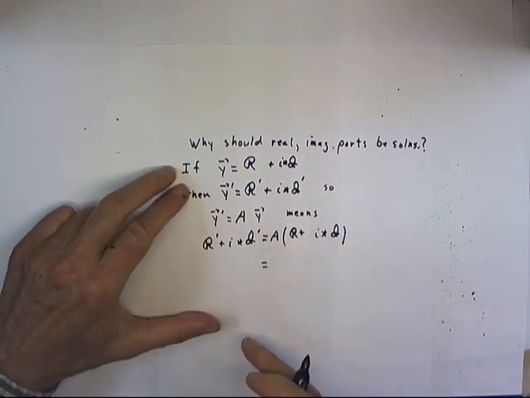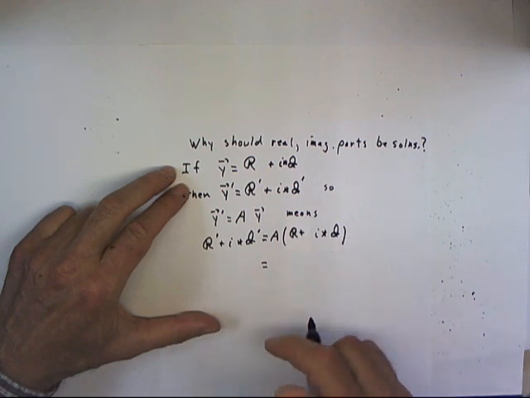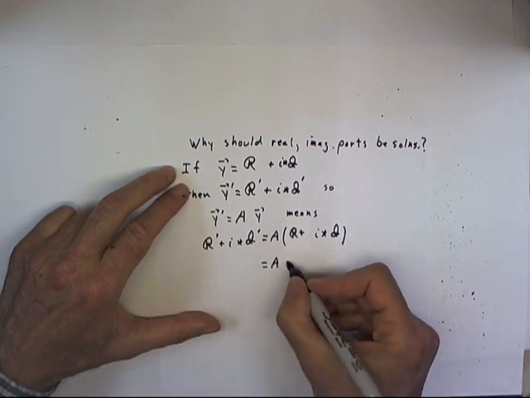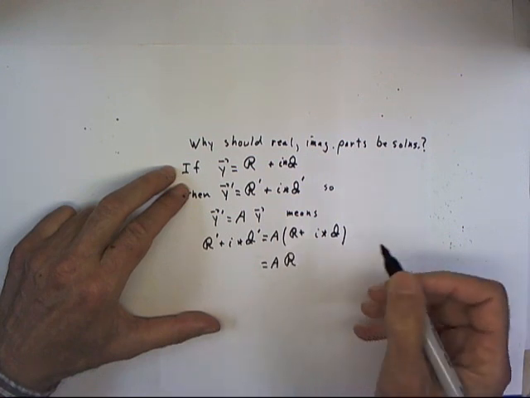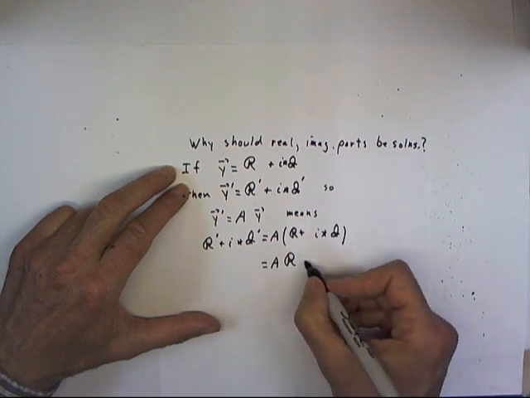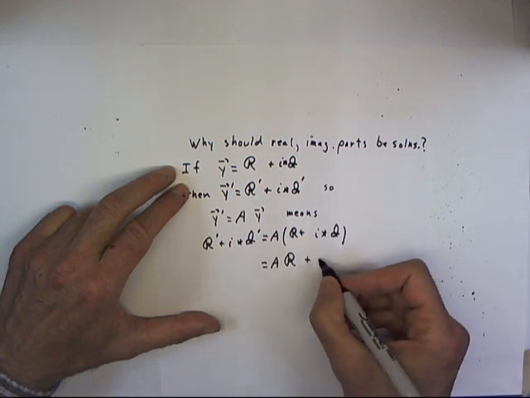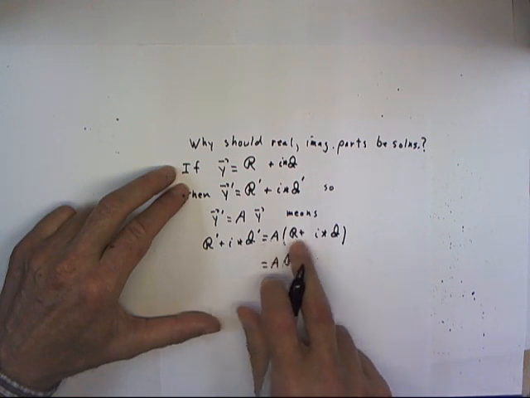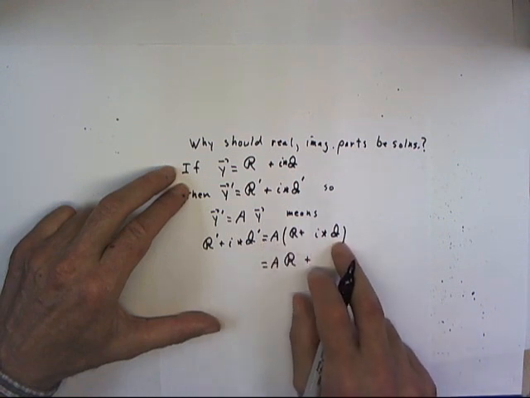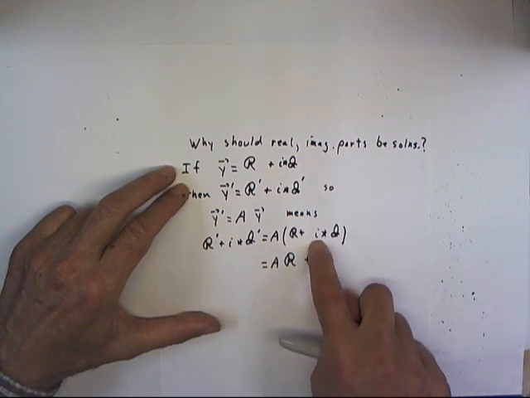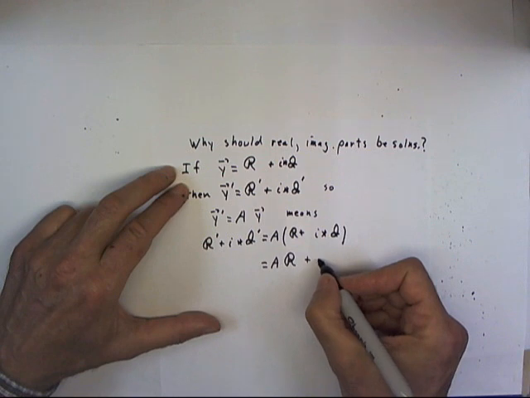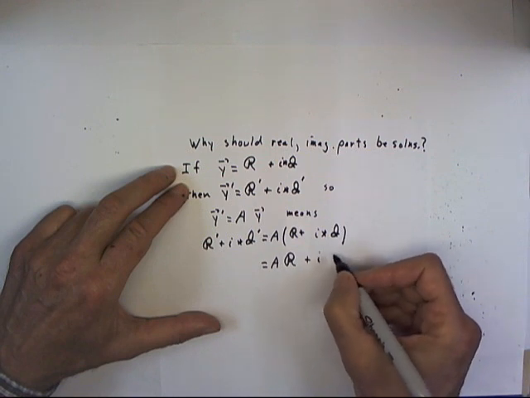Now, the linearity of matrix multiplication applies whether you're multiplying by real or complex numbers. So A times the real part, and then we have A times i times the imaginary part. i is just a constant, a complex constant or an imaginary constant, still a constant. It factors out, and I'm not going to write that in two steps.